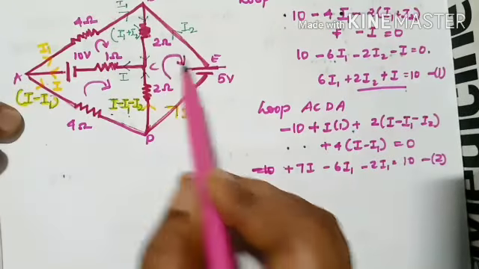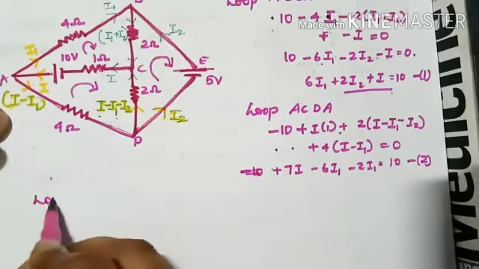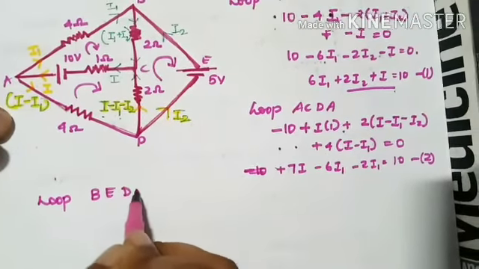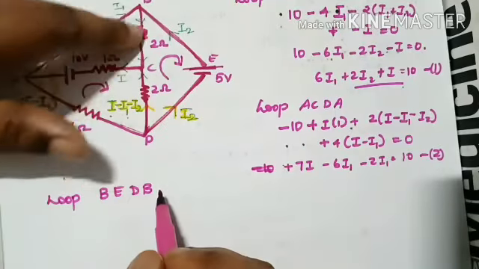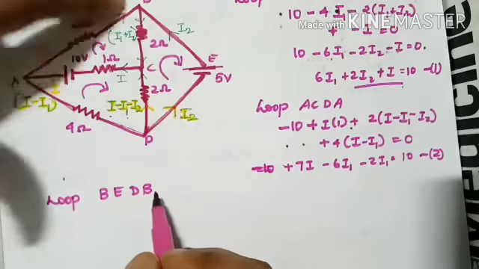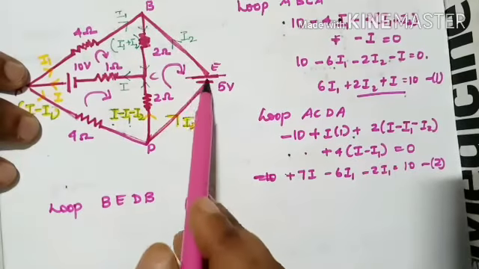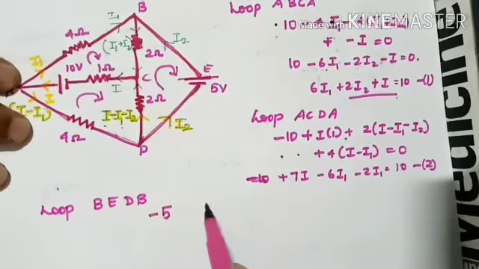Now we are going for the third loop. Again, I am moving in clockwise direction. So loop B, E, D, B. You need not write C because the loop is like this. Again, I'm starting with the supply section. I'm moving from plus to minus, so it is minus 5 volt.